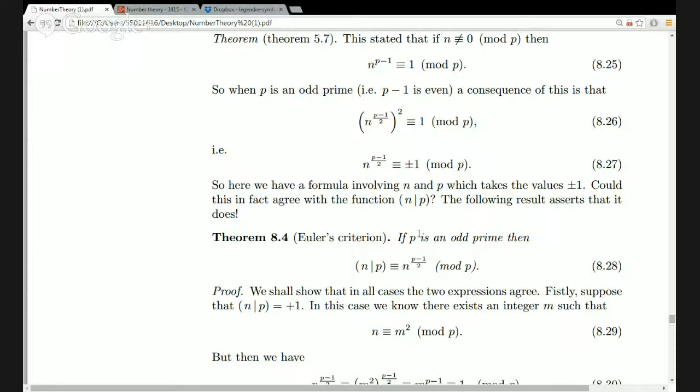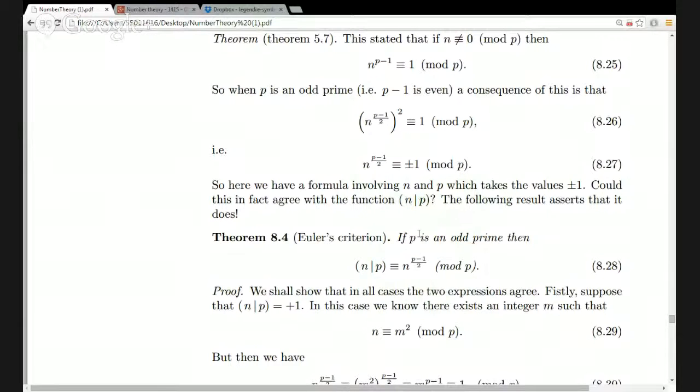Every second odd number gives you an odd p minus 1 over 2, and every other second odd number gives you an even p minus 1 over 2. So going through all the odd numbers, they alternate: odd, even, odd, even. A nice way to characterize that is to remember that odd numbers modulo 4 are congruent to 1 or 3.